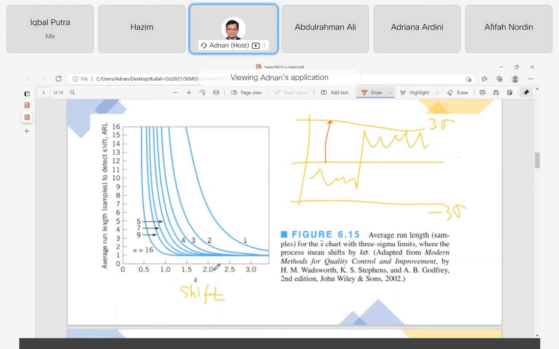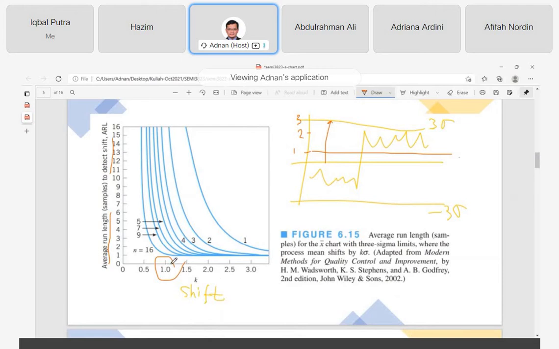If there is a shift of 1 or 2, meaning the process shifted to this point, what we want to see is how quick the ARL is to detect the shift. The faster it can detect, the better the control chart.